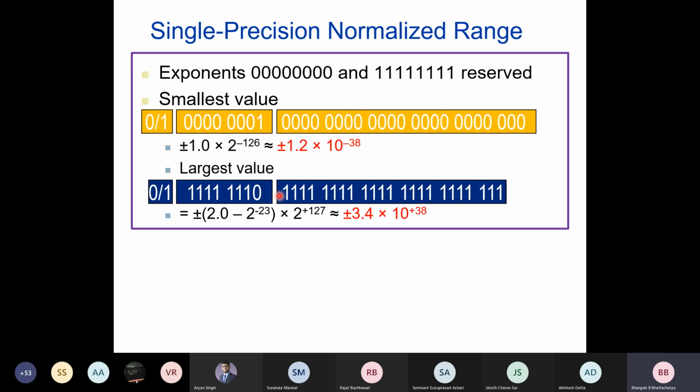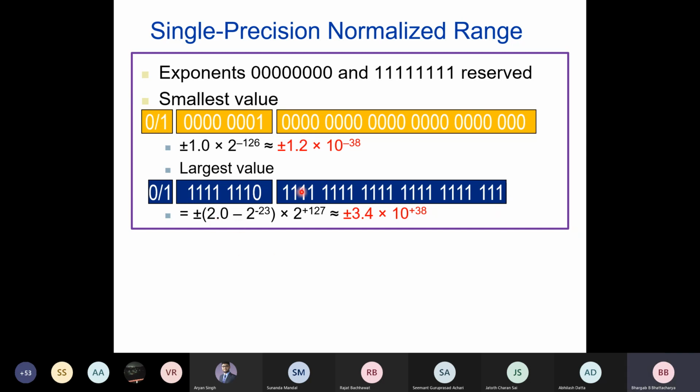See, what is the significand value here? 1 point, all 1s, right? 23 ones here. If I add a 1 in the least significant bit position, what will happen? Keep on adding: then 1 would become 0, and the carry would propagate. Everything would be 0, and you will have 1 0 here. And adding 1 at this position means it is 2 to the power minus 23.